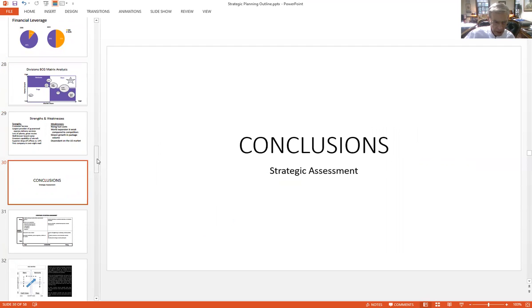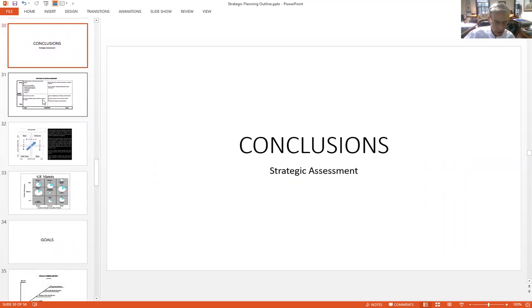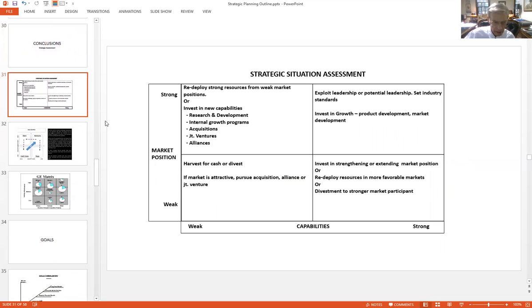So we've gathered the evidence about the external environment and internal capabilities. So we start out by simply doing an assessment. So what is our strategic assessment? Where is our market position strong or weak? Where are our capabilities strong or weak?